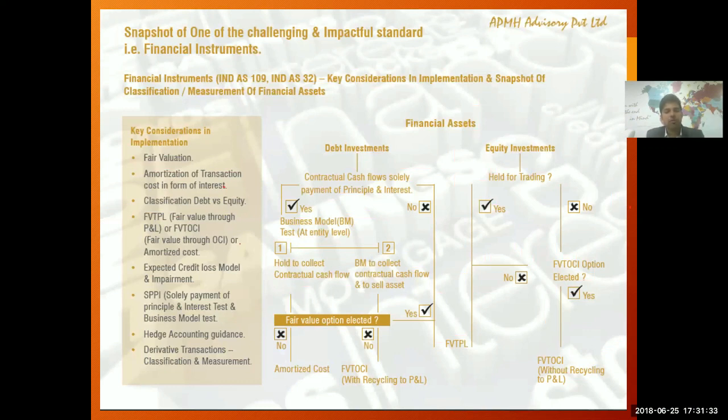So for example, you have a debenture and you are satisfying the contractual cash flow test of solely payment of principal and interest, and you go ahead and check the business model test, wherein you find that you are holding this debenture, bond or any other debt investment, just to collect contractual cash flow till its maturity. Then you have to classify it as amortized cost.